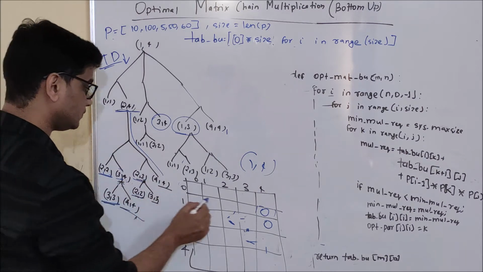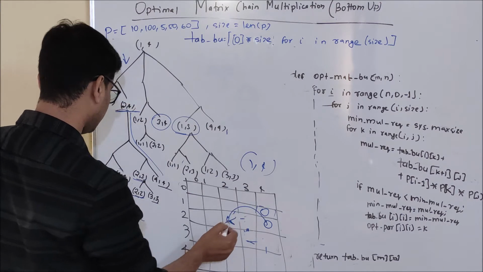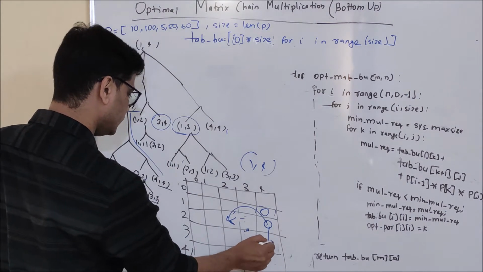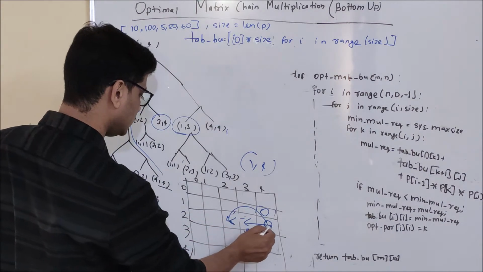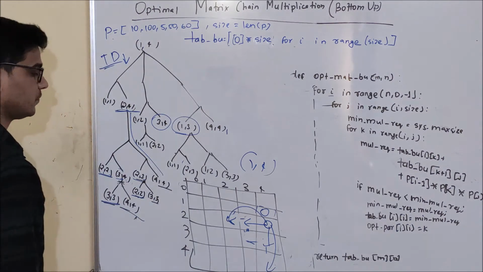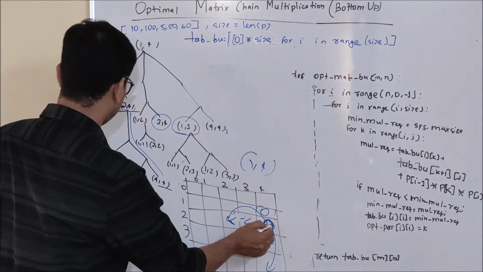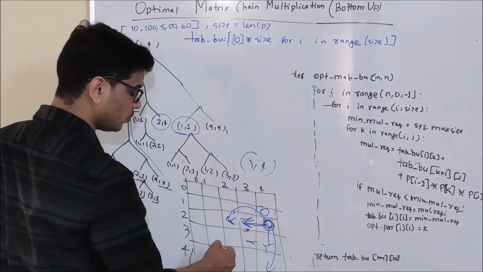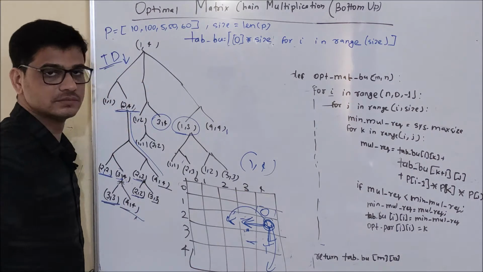So 2, 2. This is 2, 2. And 3, 4. 3, 4 is this one. Then 2, 3. 2, 4 is this thing. And then 4, 4. So basically here also 2, 4 is using values from the same row left to it or a row below it.